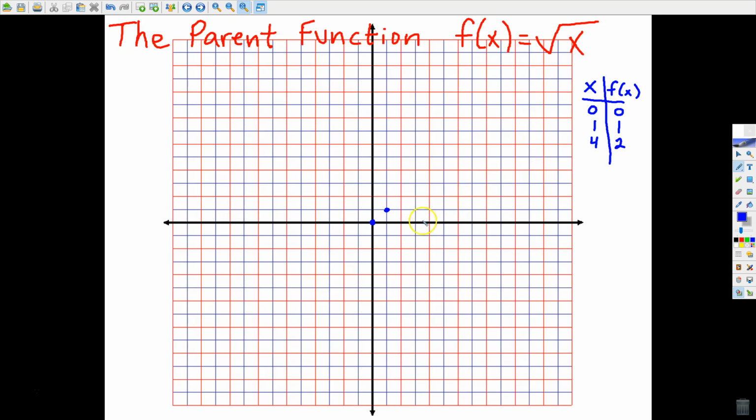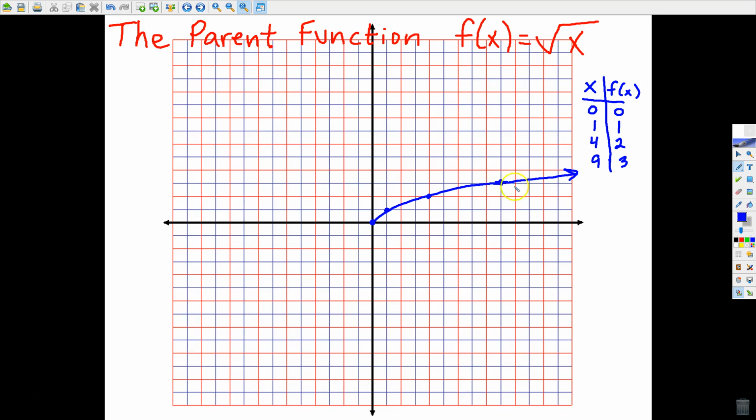F of 4 would be 2. And I'm going to jump all the way down to the next perfect square, which is 9, and f of 9 is, of course, 3. So that is the parent function. If we connect these dots, the parent function f of x equals the square root of x looks like that.